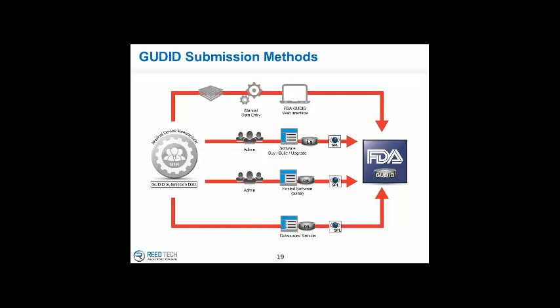The other three options in the lower rungs all use electronic submission methods using structured product labeling document format. This happens to be an XML standard put in place by Health Level 7 that the FDA has adopted and identified how data needs to be put into this particular data format.